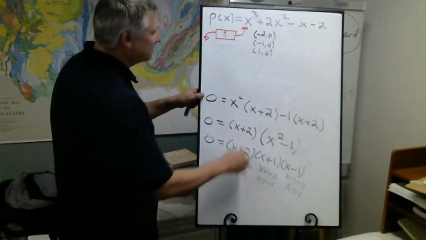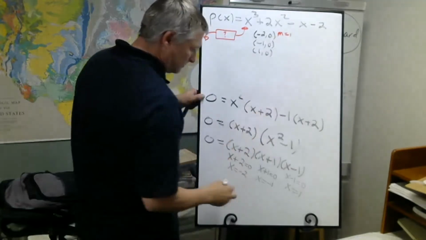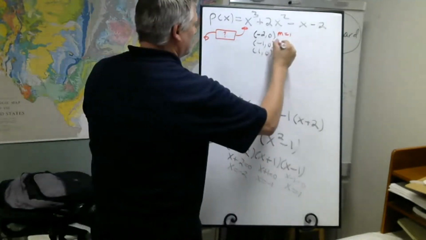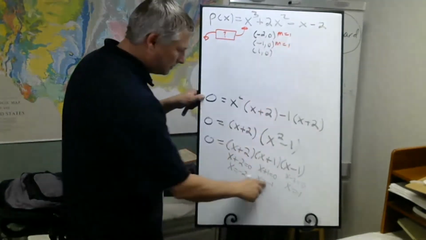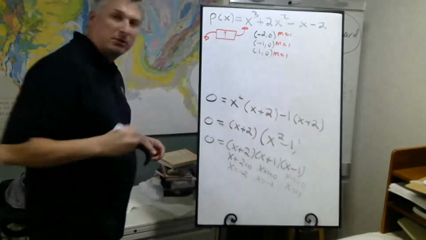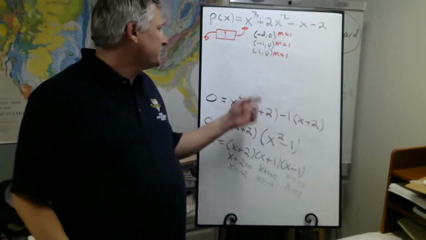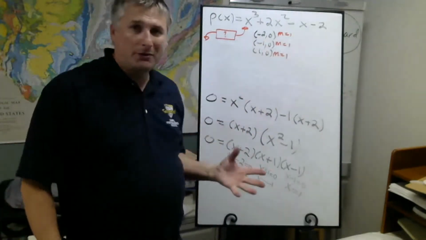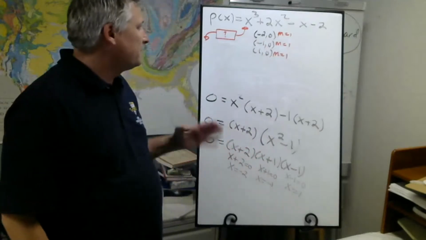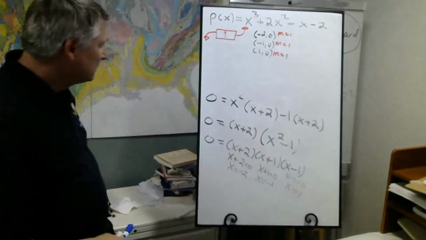So that means x equals -2 multiplicity is 1. x equals -1, multiplicity is 1. X equals 1, multiplicity is also 1. So what that tells us is through each of these points, we're going to see the function cut through the x-axis. It's not going to bounce off.